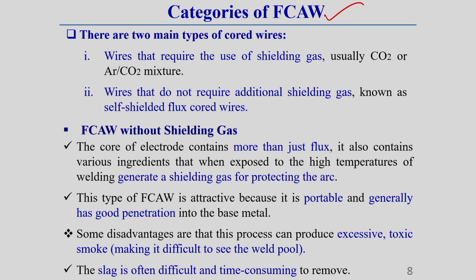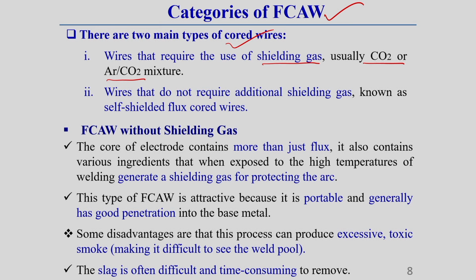Now, categories of the flux core arc welding process. There are mainly two types we can categorize. One is the wire that requires use of shielding gas, that is, flux core arc welding process with shielding gas. Here the shielding gas commonly used is usually CO2, carbon dioxide gas. Sometimes a mixture of argon and CO2 gas is also used.